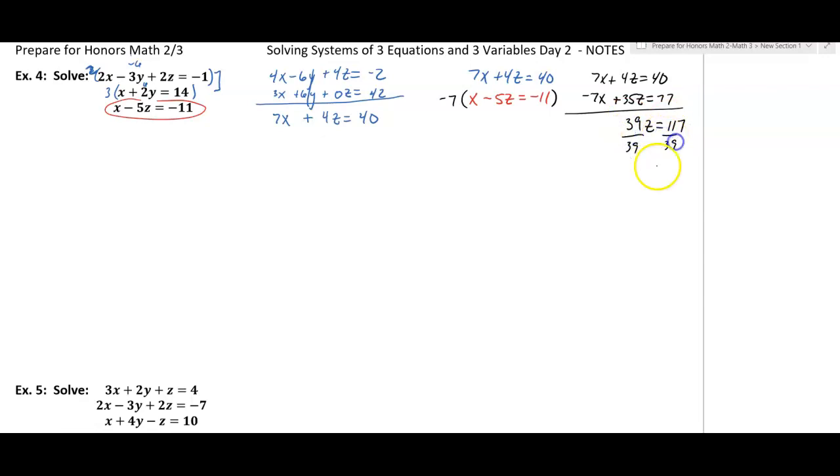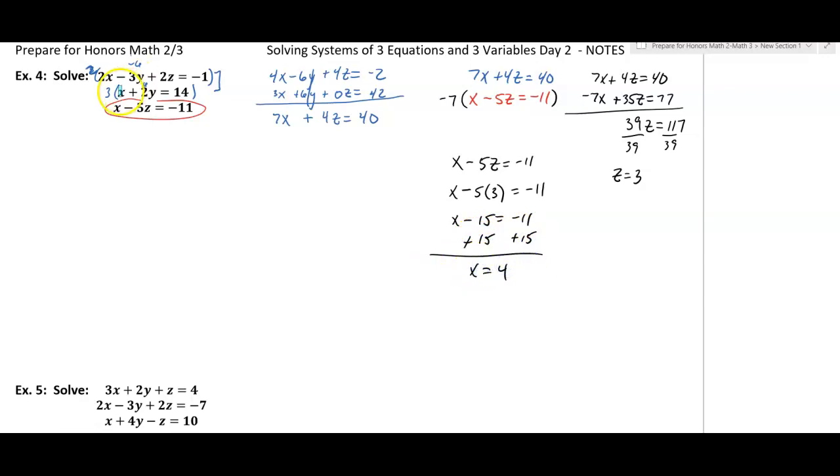When I divide by 39, z equals 3. Now I can plug that back up here. X minus 5z equals negative 11. Replace z with 3. Then x minus 15 equals negative 11. Add the 15, x equals 4.